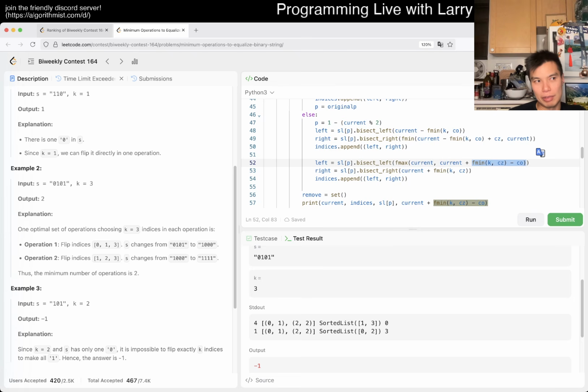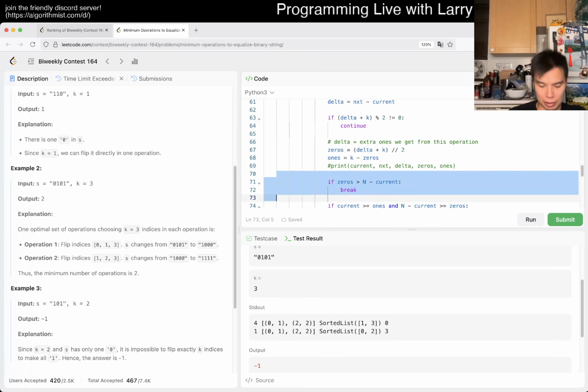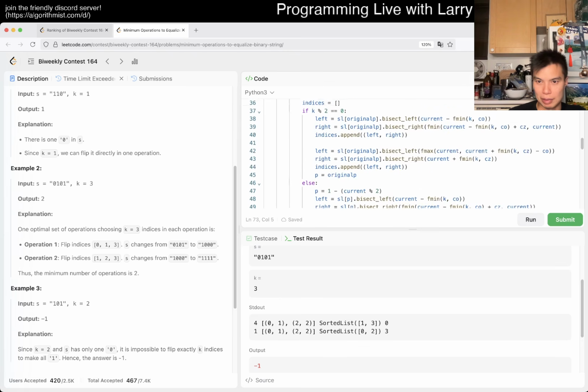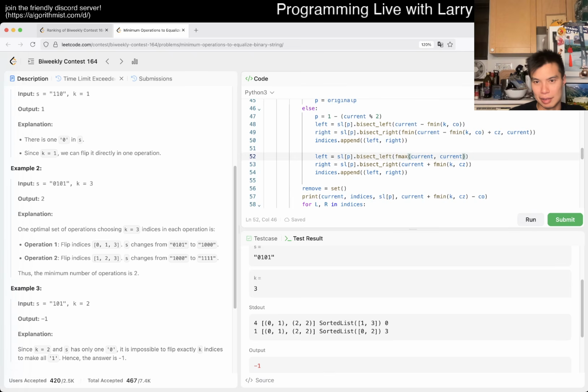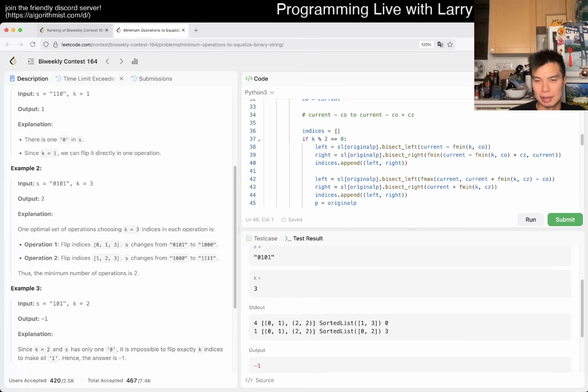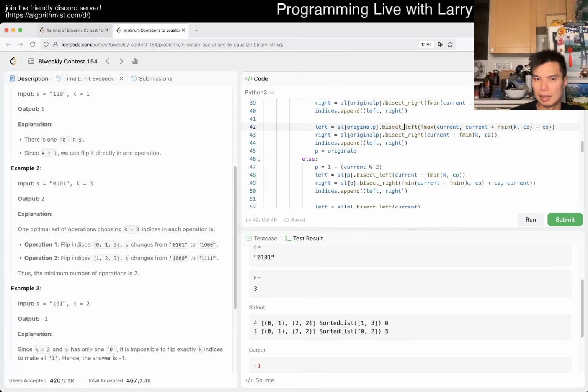Because we're going from left to right, we are always increasing our zero needs. So maybe this is fine with this loop, because at some point that's fine, but then now we have to... maybe that's fine, because that's our zero needs, right?